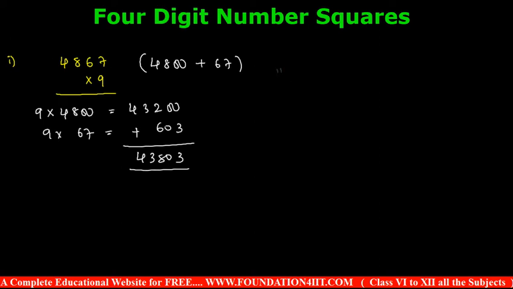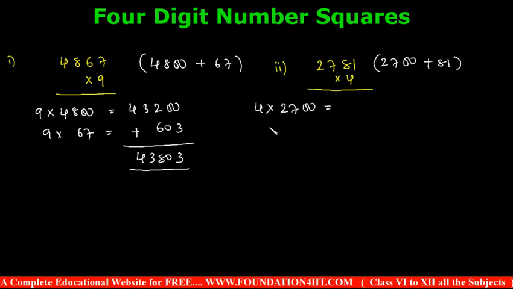Let us see one more example before we go to that method. For example, 2,781 multiplied by 4. What technique will we follow? Split it into 27 and 81, so 2700 plus 81. You need not write it, just keep it in mind and add internally. We multiply 27 with 4, and similarly 4 into 81.